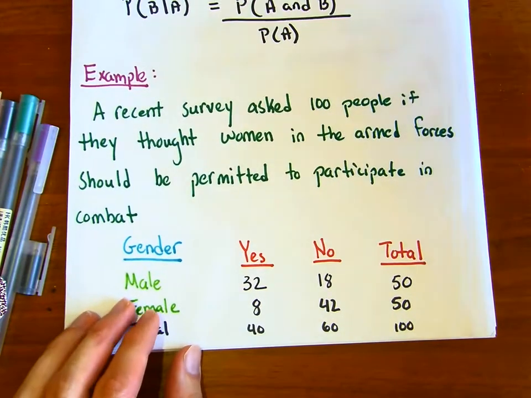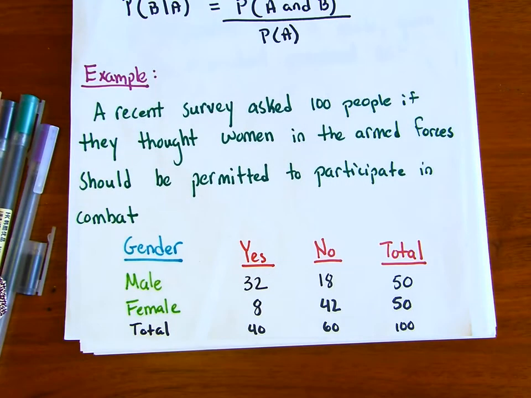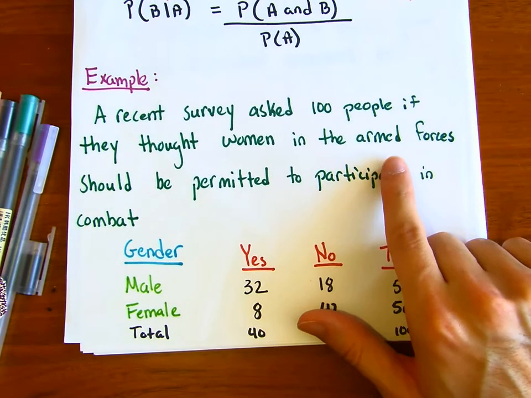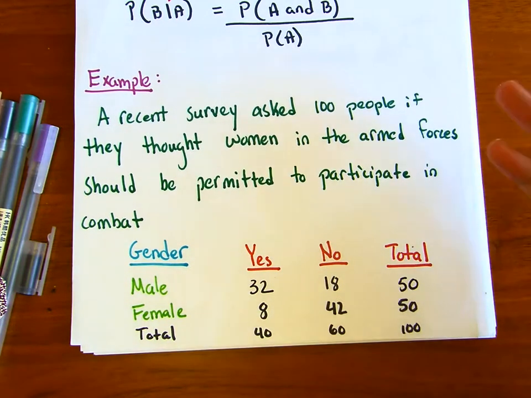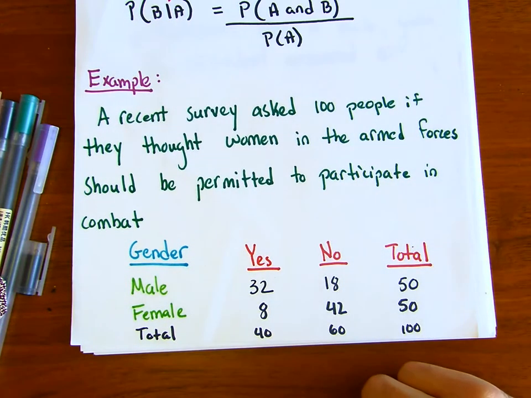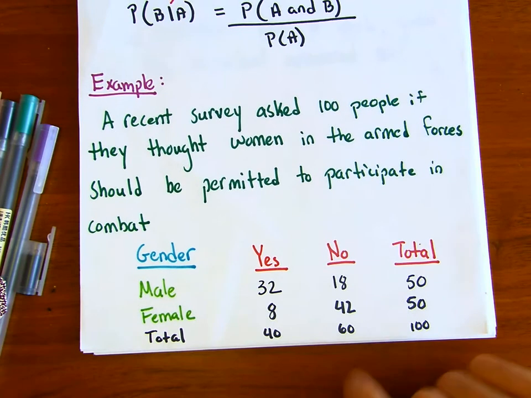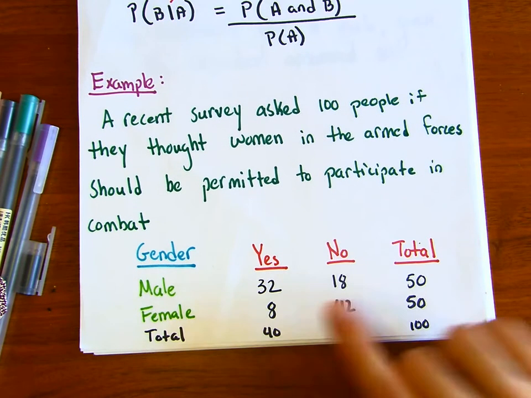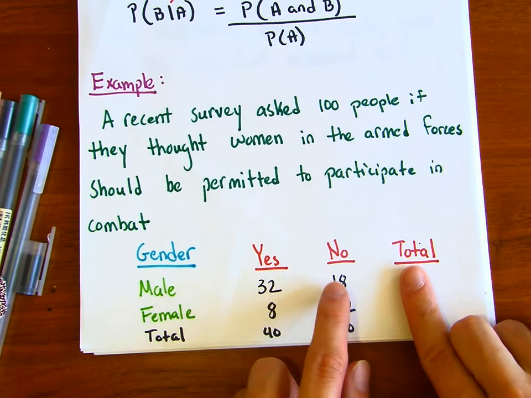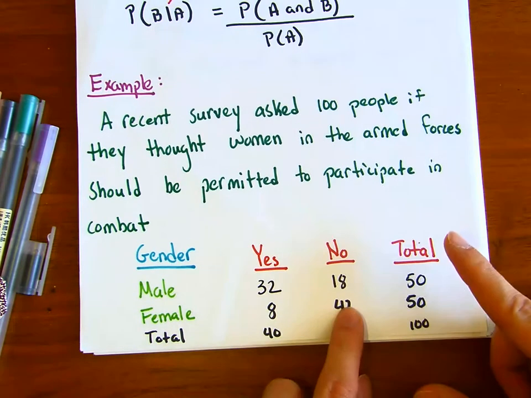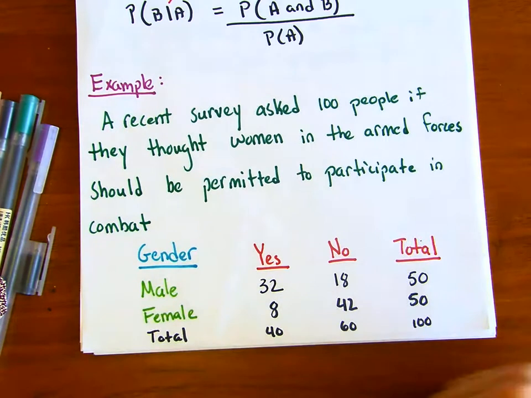A recent survey asked 100 people if they thought women in the armed forces should be permitted to participate in combat. So notice that 32 males said yes, 18 males said no, 8 females said yes, 42 females said no. I just found some random question and these were the stats on it.